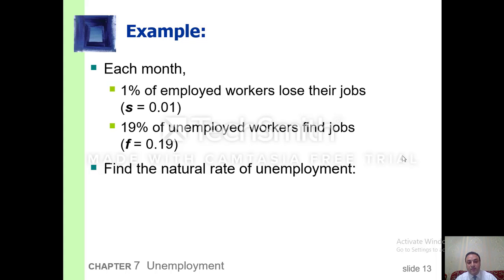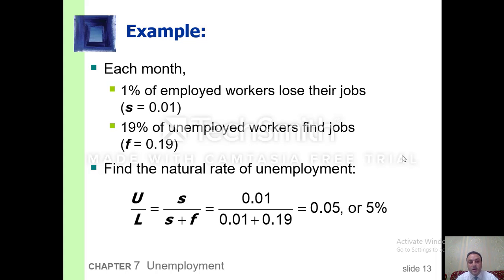So we can find the natural rate of unemployment this way: U divided by L equals S divided by S plus F. So it will be 0.01 divided by 0.01 plus 0.19, which is 0.05 or 5%. So the natural rate of unemployment in this case, which is determined by the number of people who lose their jobs or do not find new jobs, will be 5%.